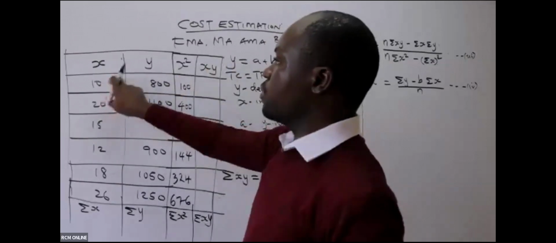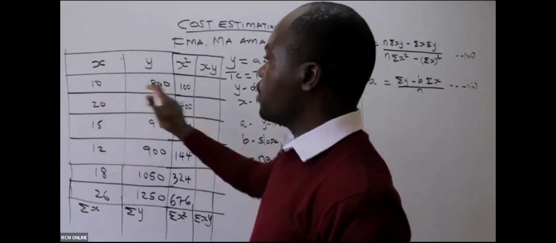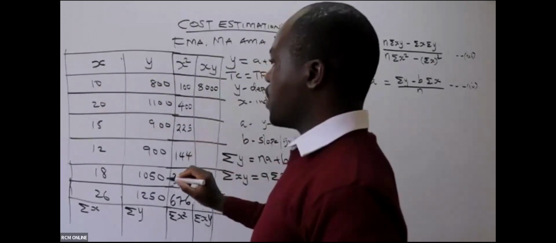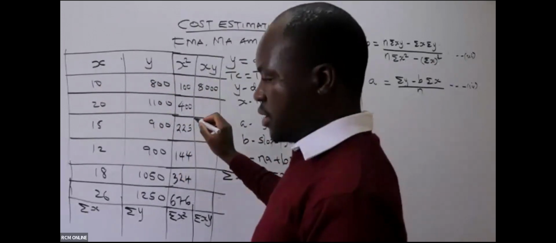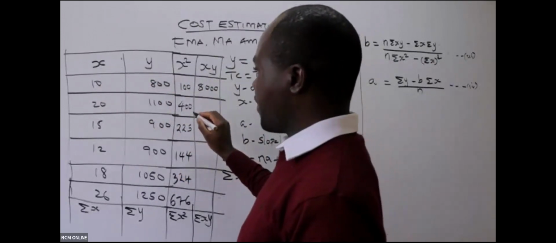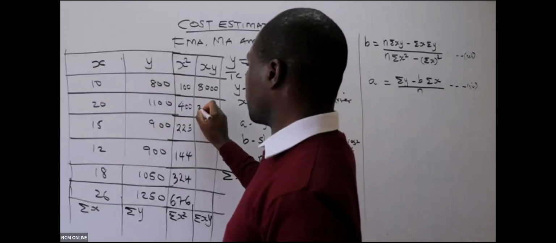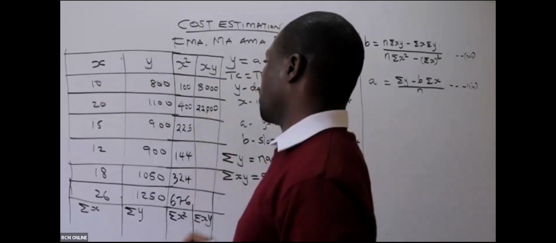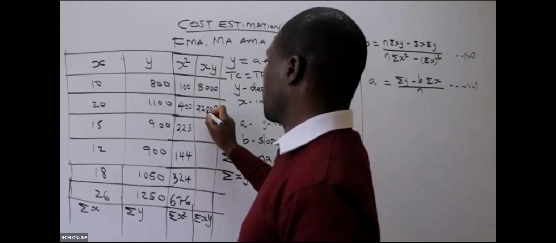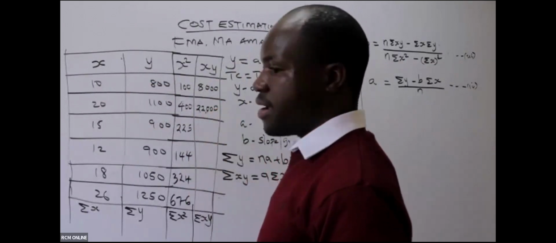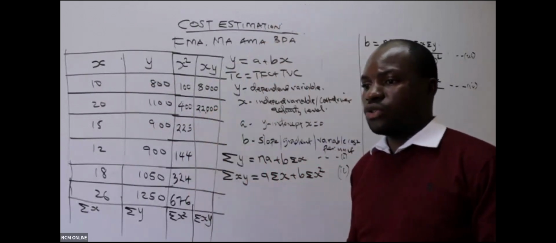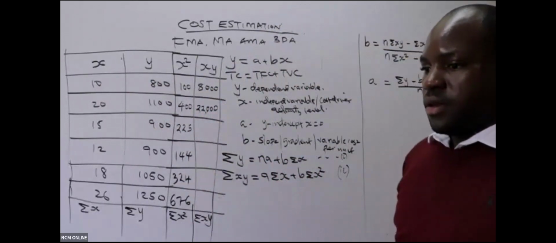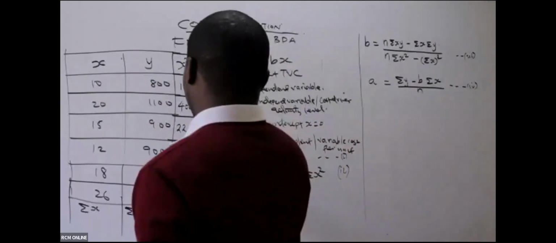So you check X multiplied by Y. The first one will give us 8,000. The second one, 20 by 1100, will be 22,000. Then 15 by 900, what will we have? 13,500. Thank you.